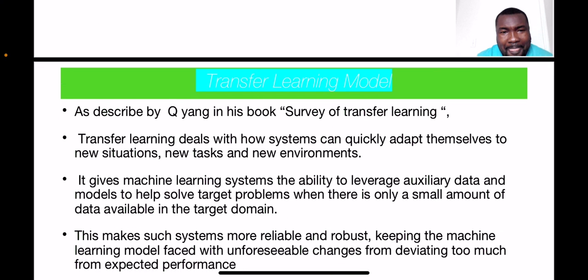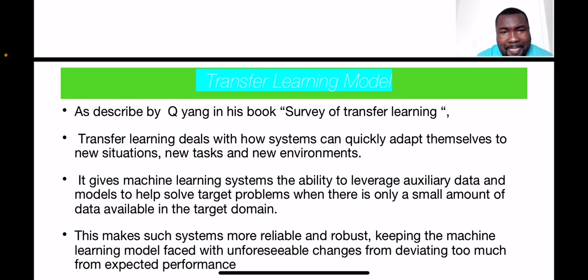So, talking about transfer learning, as described by Mr. Wang in his book, Survey of Transfer Learning, it deals with how systems can quickly adapt themselves to new situations, new tasks, and new environments.